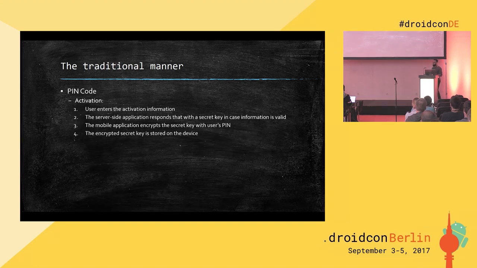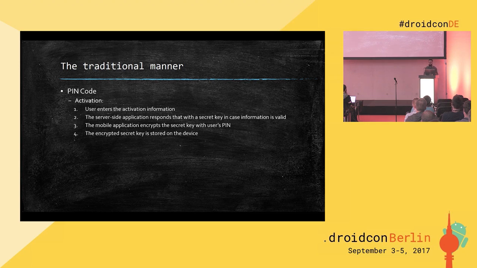First, when a user wants to start using a mobile banking application, after installing the application, the user receives some activation information from the bank. It could be a QR code or some other codes in order to activate the application for the first time. The user enters the information. The server-side application responds based on the validity of the received activation information.